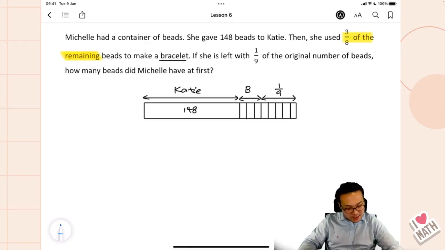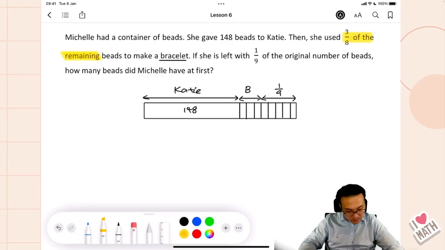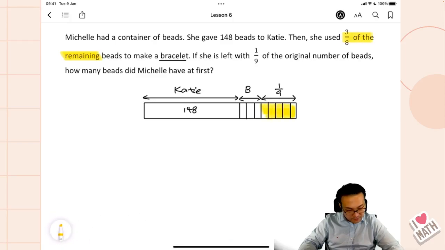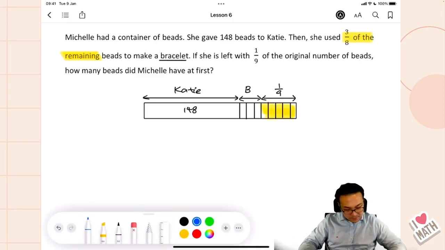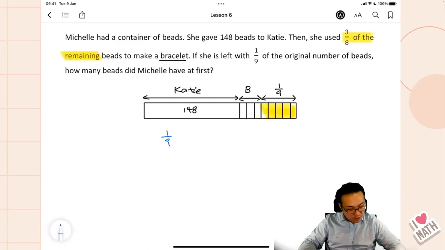So how many units are there here? Okay, let's see. 1, 2, 3, 4, 5. There are 5 units here. So 1 out of 9 of the original number of beads is equal to 5 units.